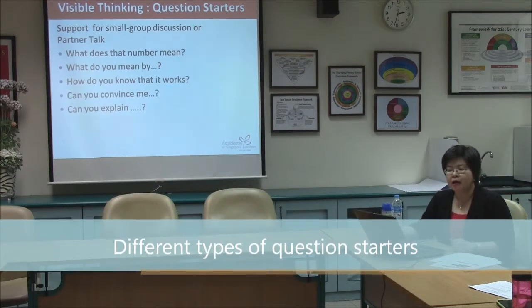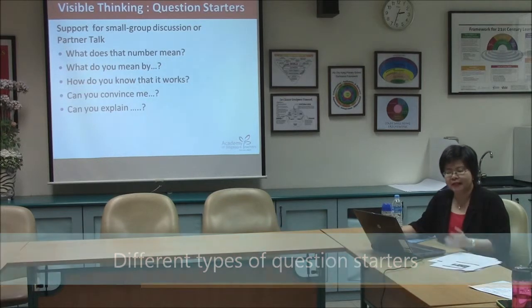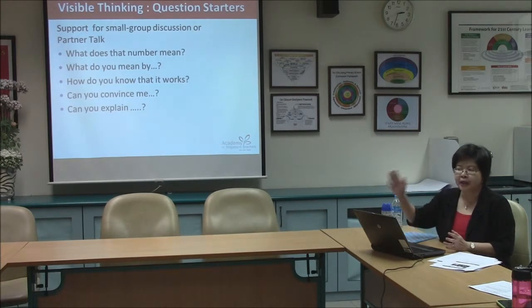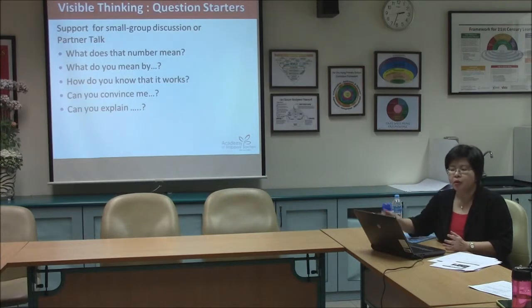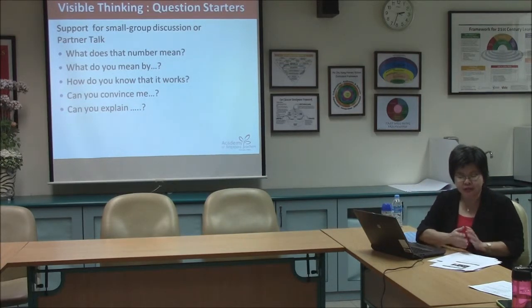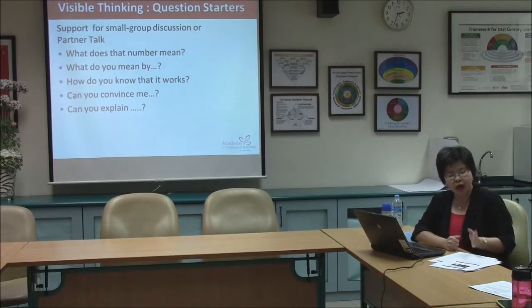For example, we can write, what does that number mean, or what do you mean by, or how do you know that it works, on a piece of paper and display it on the wall, so that when the children look at a certain solution and engage in conversation, they can choose one of those. Say, can you convince me how that 24 is the correct answer?